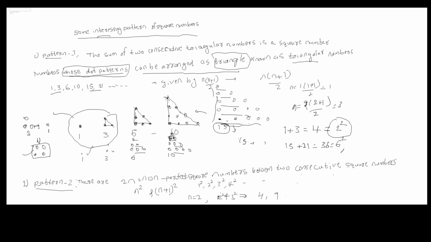Can you understand what I am telling? Even you can compare these 3 and 6 in the form of dots. Okay, see here how. For example, 6 is there. How can I write 6? 1, 2, 3. Okay. Now to make this it is 6 plus 3. What is actually 3 here?